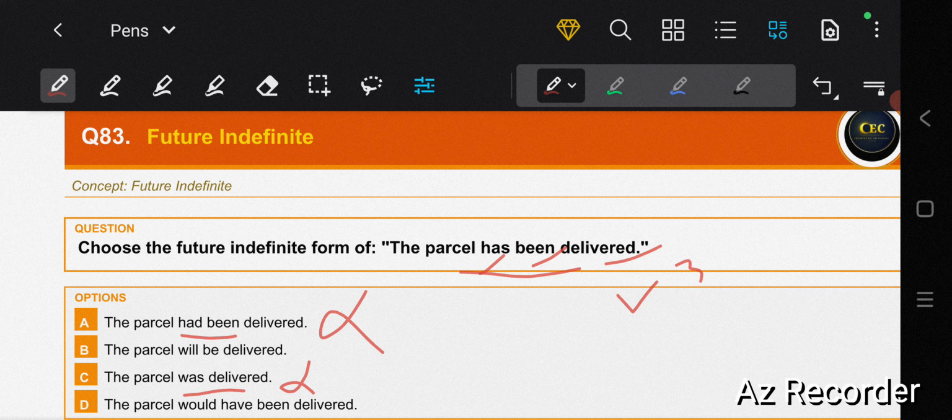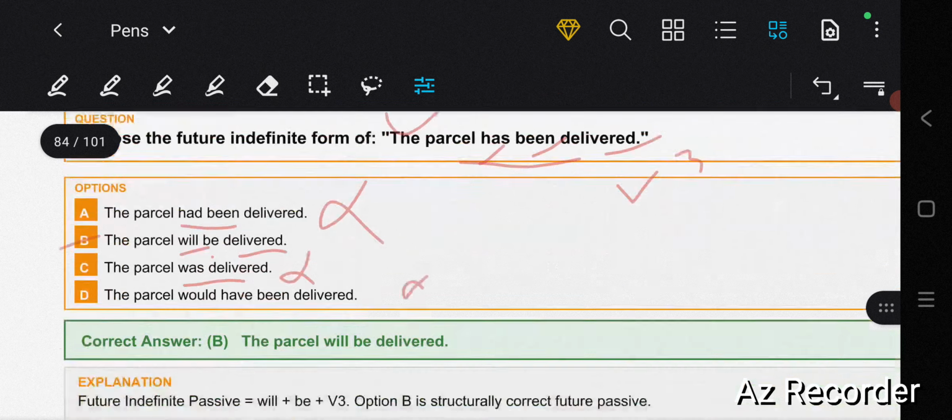This would be conditional perfect. So there is no conditional perfect in the instruction, but there is future indefinite. How can it be future indefinite? Well, there is will be, and there is the V3, because this sentence is in the passive formation. So option B is the correct one for the question.